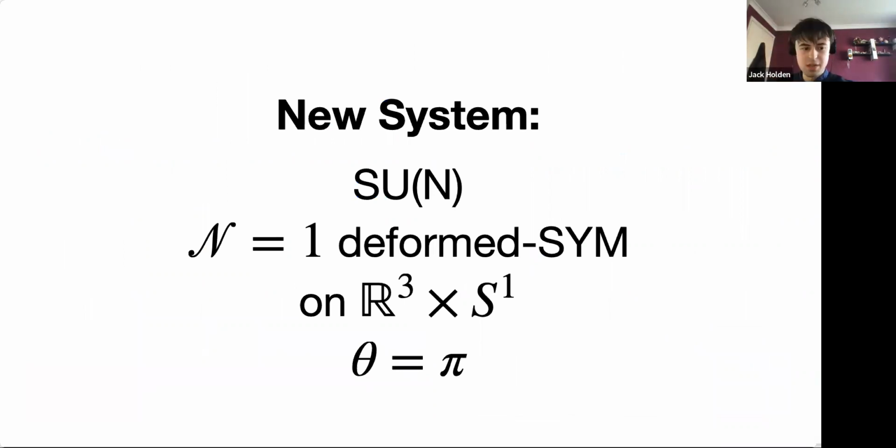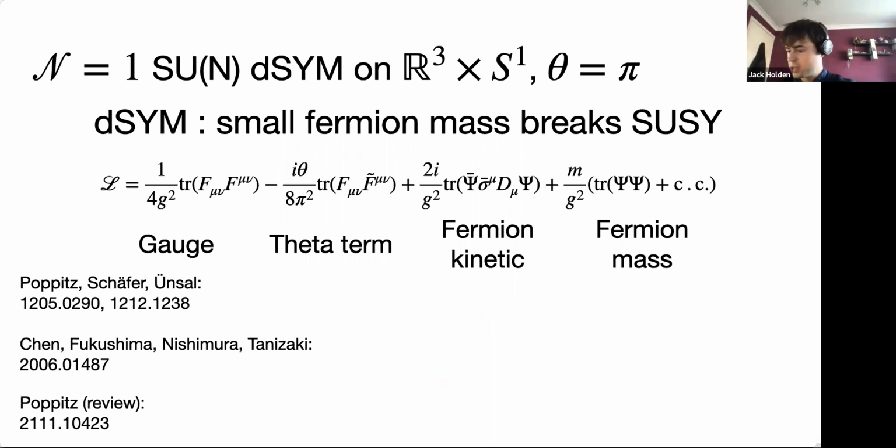So now I'm going to introduce another system, and this will help us to learn about the finite N case. So this is SU(N) N=1 deformed super Yang-Mills on R^3 × S^1, taking the theta vacuum to be equal to pi. So this is the action for this theory.